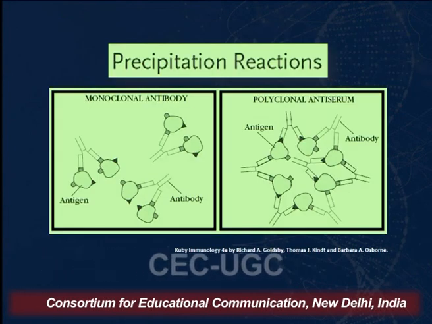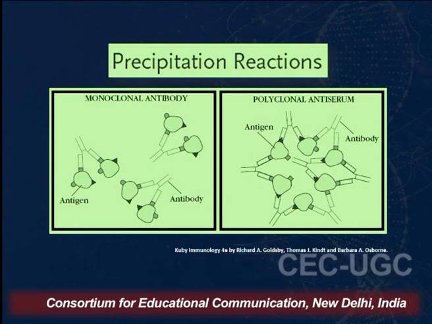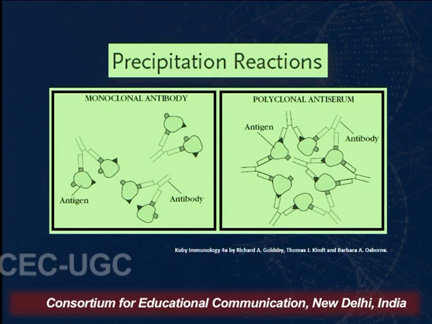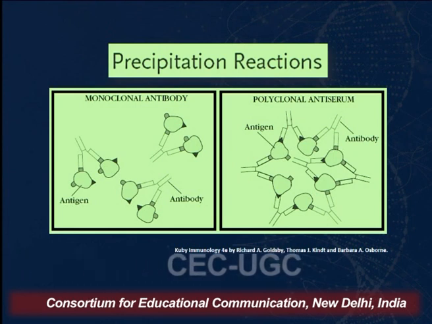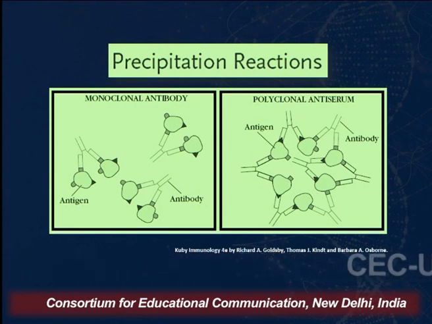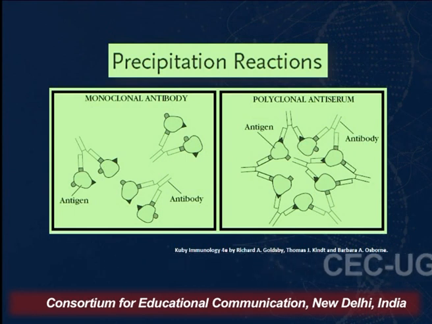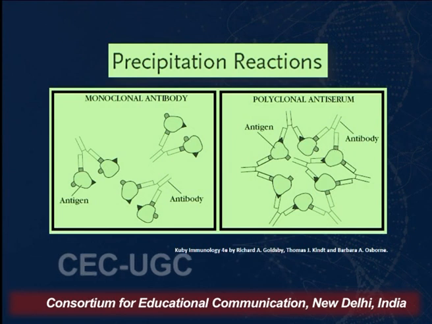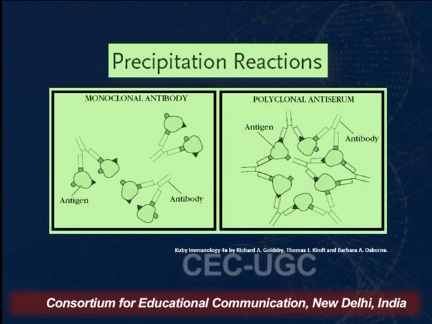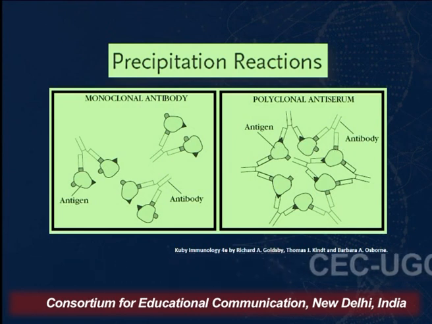Now we come to the precipitation reactions. The monoclonal antibodies shown over here bind to specific epitopes. As the binding takes place, we can see the epitope binding and the antibody binding. But in the case of the polyclonal antibody, the antibody binds to one or more different types of epitope, forming a mesh-like structure, which is a precipitation reaction.